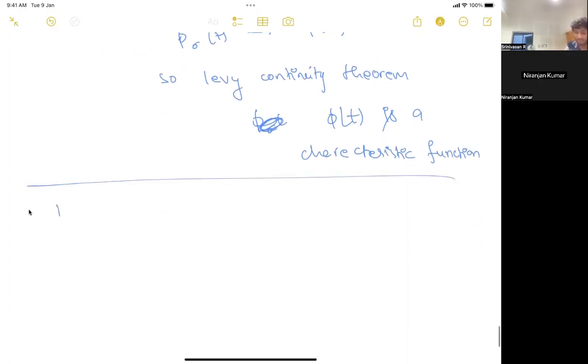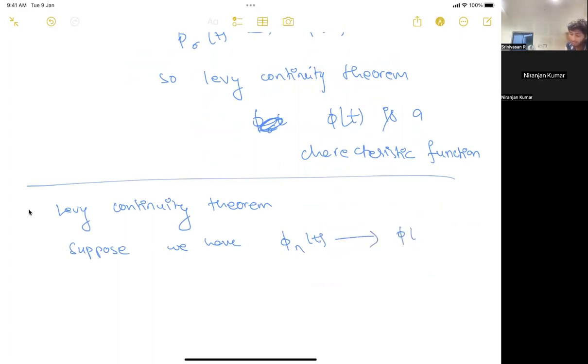We'll state Levy's continuity theorem also. So suppose we have characteristic functions phi n of t, a sequence of characteristic functions converging pointwise to phi of t, which is some function.